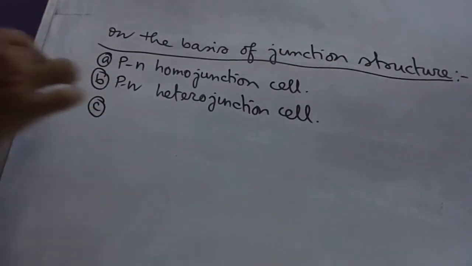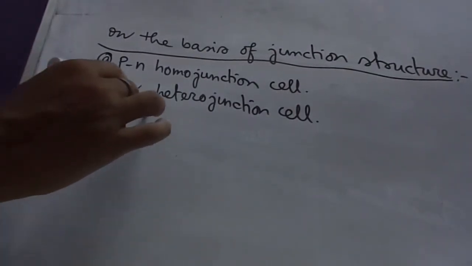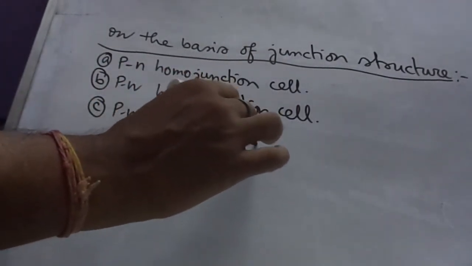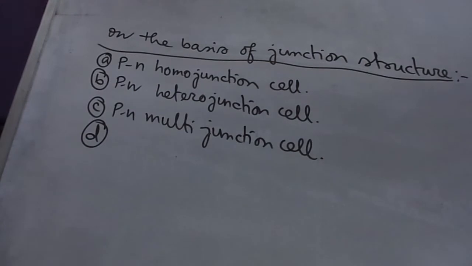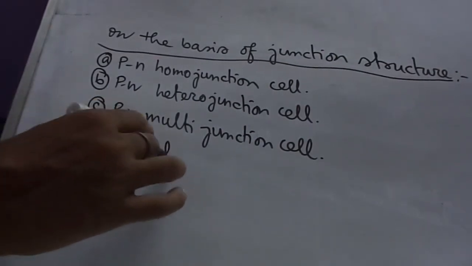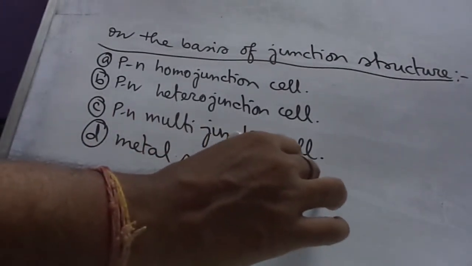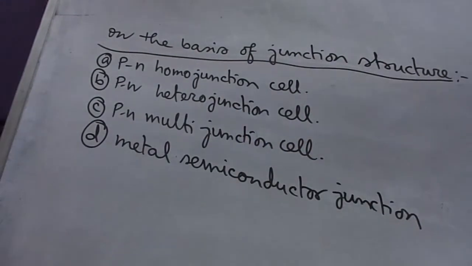Third is the PN multijunction cell. Another one is the metal semiconductor junction.